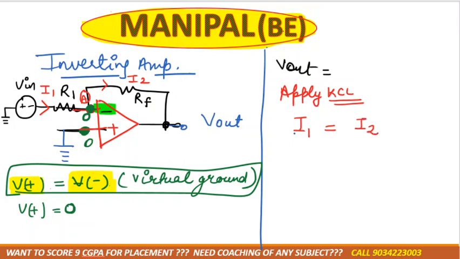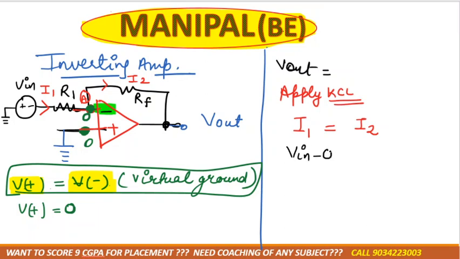Now you need to convert it in terms of V by R. I1 is moving from V in to 0 or 0 to V in. Check out the direction. So I1 is how much?